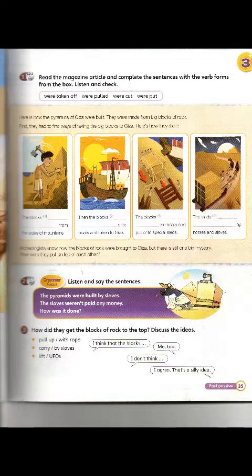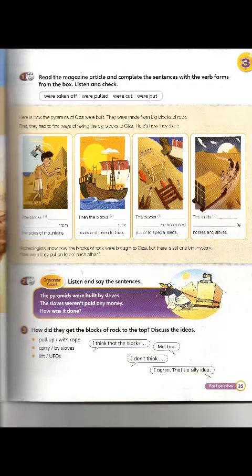So were and was depend on the subject. For example, the first sentence: The pyramids were built by slaves. Pyramids in the first sentence is more than one, or a plural noun, so we use were.